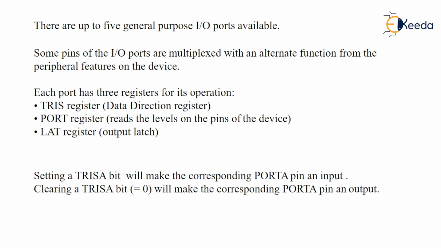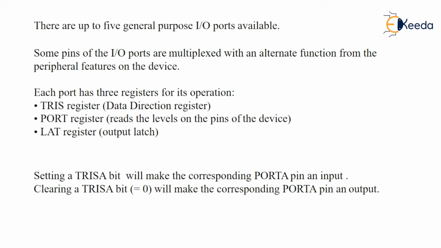Setting a TRISA bit will make the corresponding PORTA pin an input. Clearing a TRISA bit will make the corresponding PORTA pin an output. What does it mean? If you want to assign the port pin as an input, for example, if you interface a switch to port A, that means you are giving inputs to port A. So you have to set that particular bit, or the whole port, to 1.